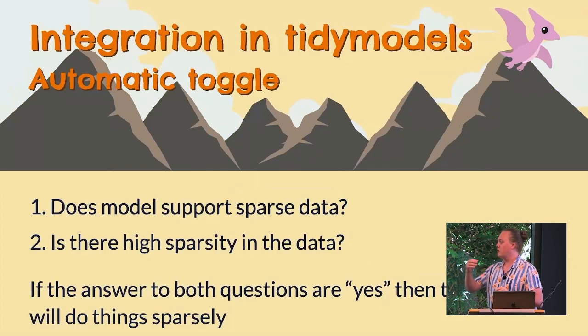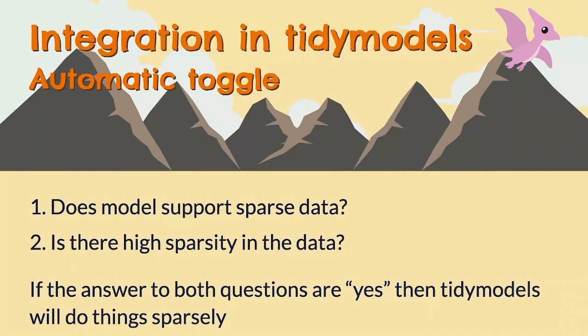The automatic total is, so we wanted this experience to be as seamless as possible for the users. You only want to use sparse data when it's beneficial for you. And when we say beneficial, it's mainly computational speed, because it more or less goes hand in hand with the memory allocations that happen.